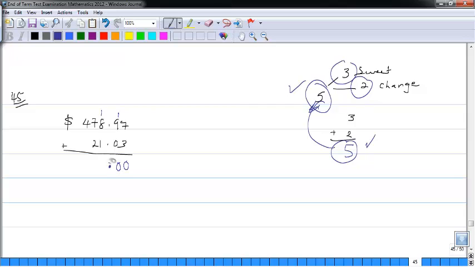Let's maintain our decimal point. And we say 8 and 1, 9 and 1, 10. Carry 1. And 2 and 7, 9 and 1, 10. Carry 1. And 4 and 1 would make 5. So our answer here is $500, and that is B. $500, B.